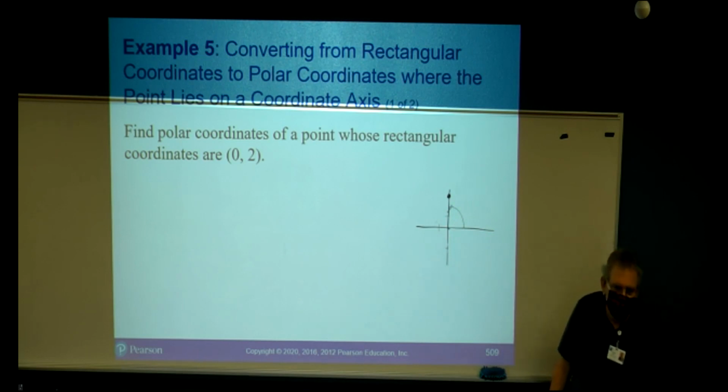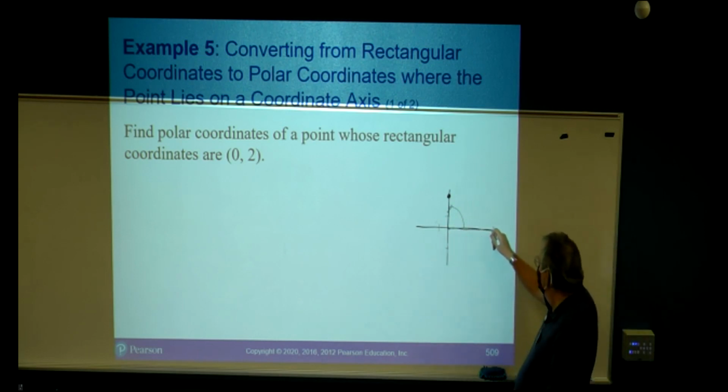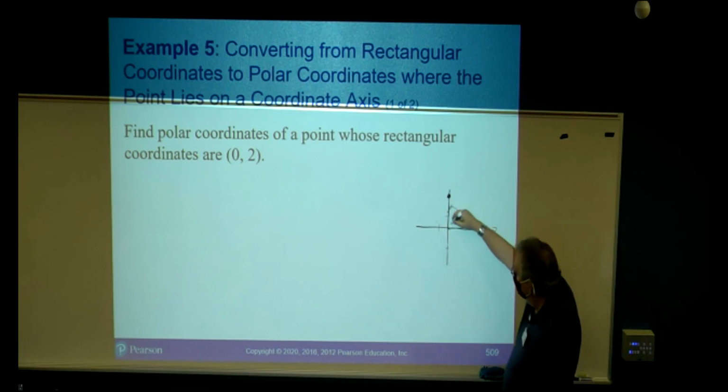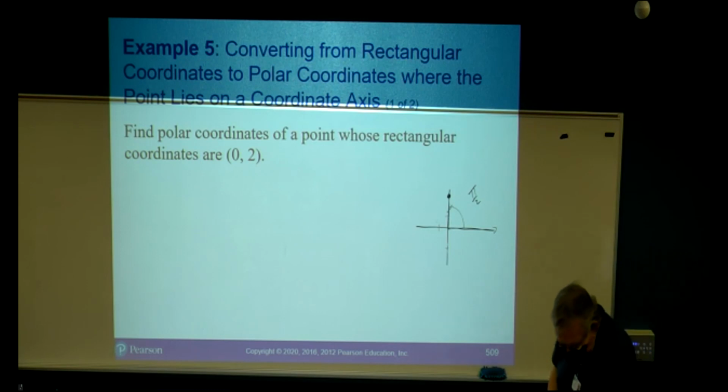No, that's not 0. 0 is over here. So yeah, 90, which is pi over 2. In polar coordinates, we almost always use radians. So 90 is pi over 2. And how far did we go along that ray? 2. Correct.